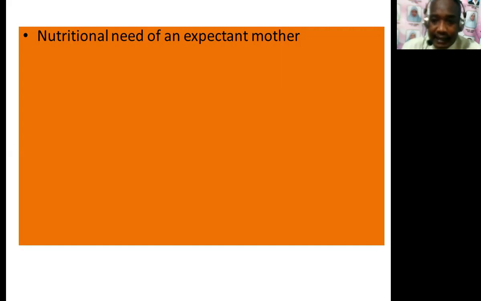Next is calcium. Candidates, an expectant mother requires calcium for the development of strong bones of the foetus. The foetus is the baby which is in the stomach. The baby in the stomach is referred to as the foetus or fetus.